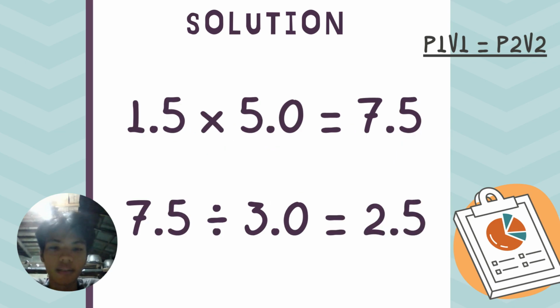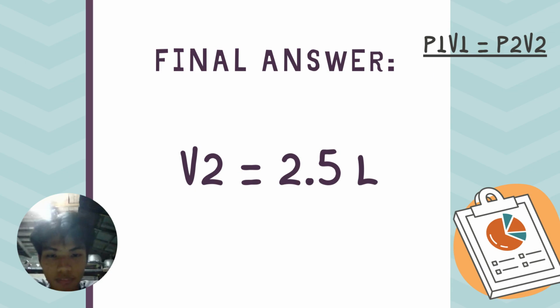Multiplying 1.5 by 5.0 equals 7.5. Now 7.5 divided by 3.0 equals 2.5. So our final answer for volume 2 is 2.5 liters.